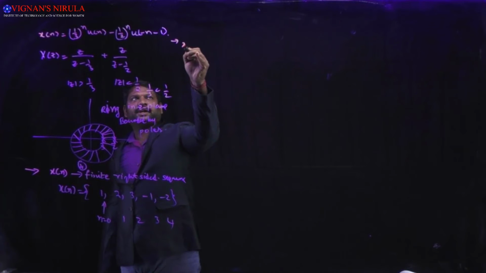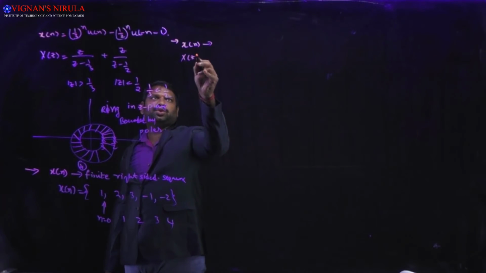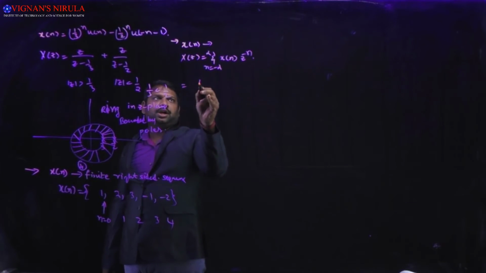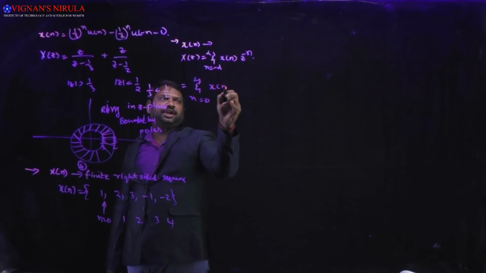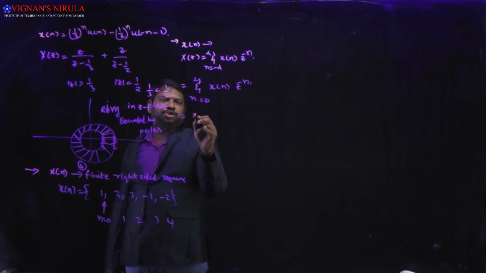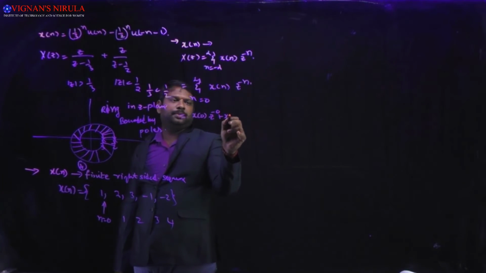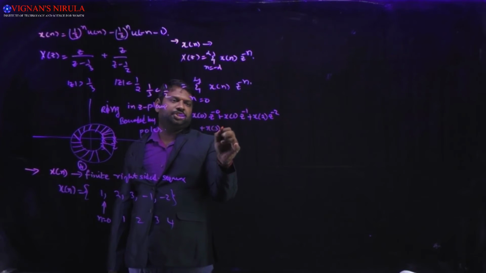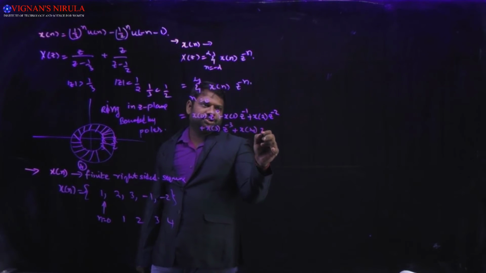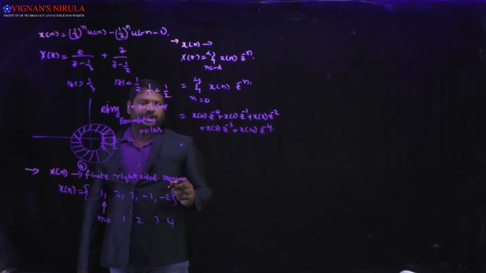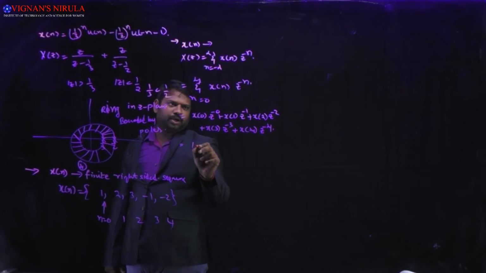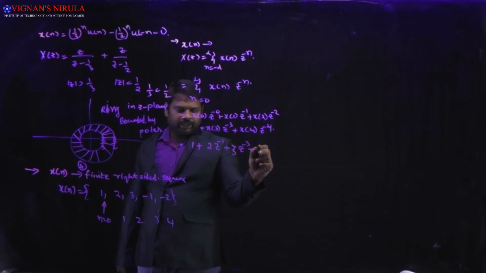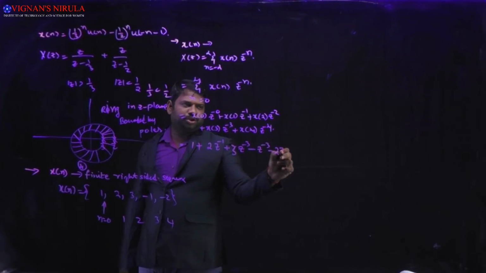Similarly, for this particular x of n the corresponding z transform is X(z) equals summation n from minus infinity to infinity of x[n] z^-n, and the summation n from 0 to 4 of x[n] z^-n. That is x[0] z^0 plus x[1] z^-1 plus x[2] z^-2 plus x[3] z^-3 plus x[4] z^-4. Putting the values 1, 2, 3 like that: 1 into z^0 means 1, plus 2 z^-1 plus 3 z^-2, minus 1 into z^-3, minus 2 into z^-4.